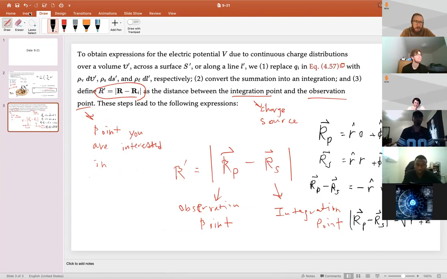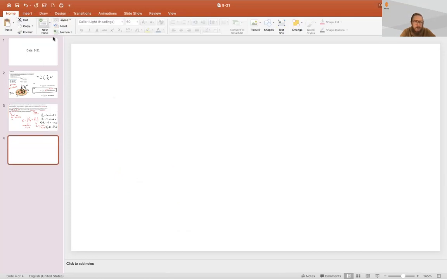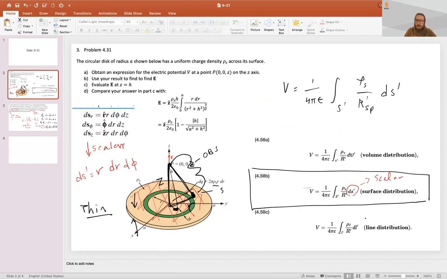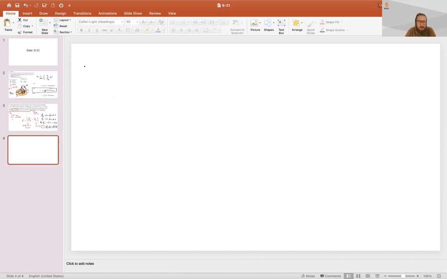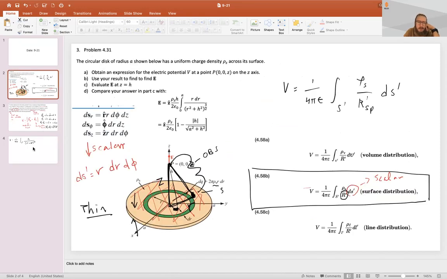Now we have basically everything we need to finish this up. We just figured out what R prime was, and we figured out what DS was to start with. So let's put it all together. We said DS is r dr d phi.